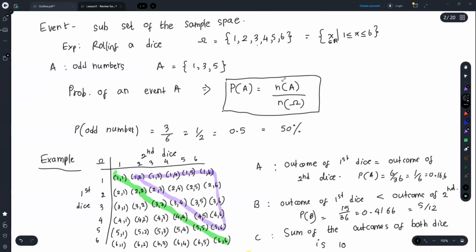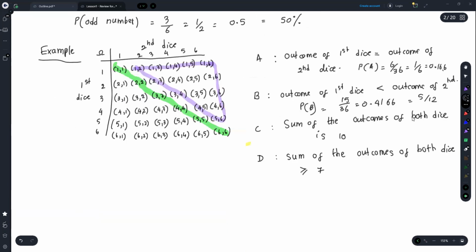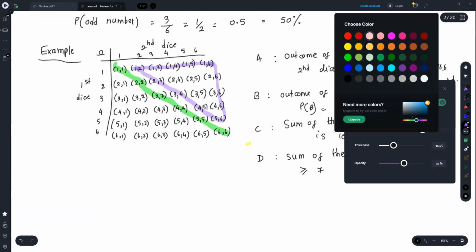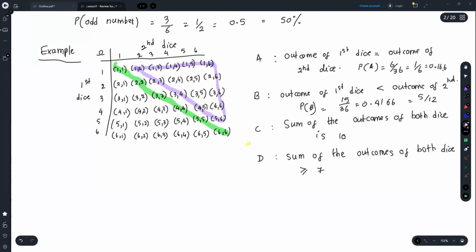Yeah, thanks. What about the next one? Sum of the outcomes of both dice is 10. So when you add them, you should get 10, right? So what are they? 5 and 5 is 10. 6 and 4, 4 and 6. That's it, right?